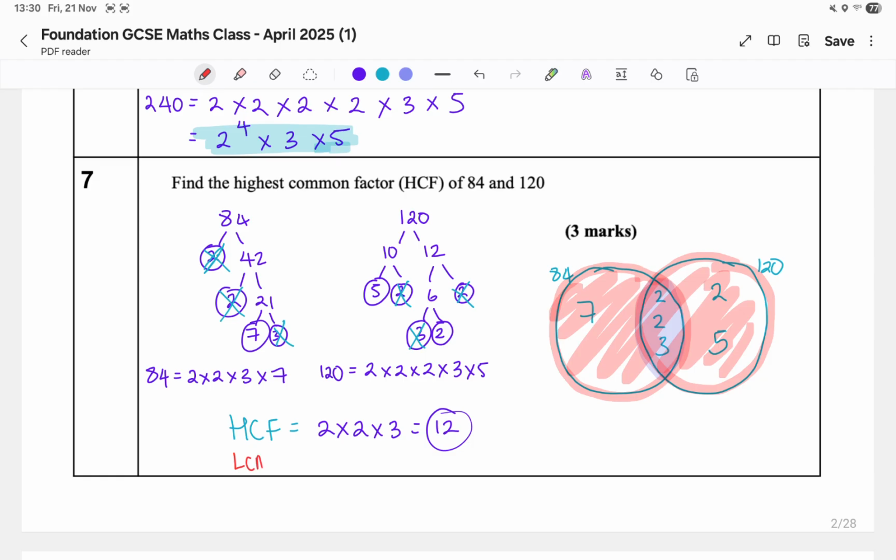So the LCM is going to be 7 times 2 times 2 times 3 times 2 times 5. If I just work that out, give me a second. 7 times 2 times 2 times 3 times 2 times 5 is 840. That's what the lowest common multiple is. So I prefer the Venn diagram way because you know your answer is always going to be right.